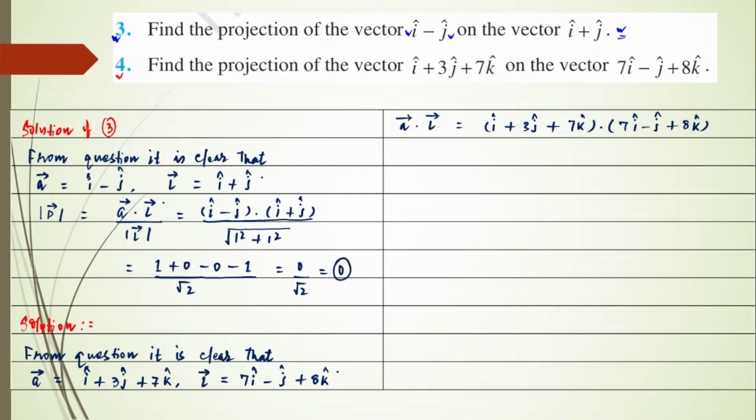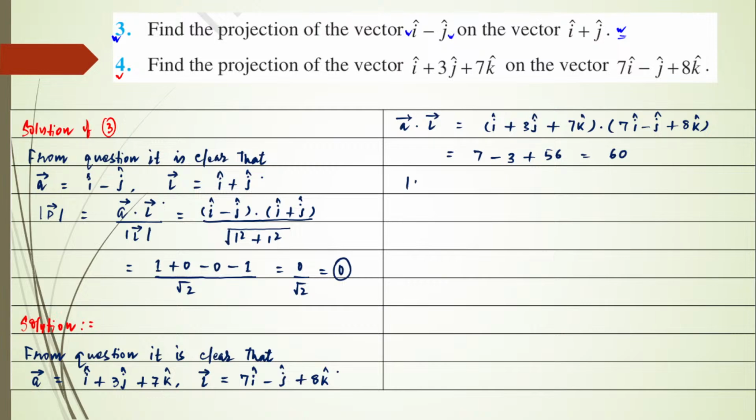According to the dot product of two vectors, we know that here it will be 7 minus 3 plus 7, which is 56, equal to 60.